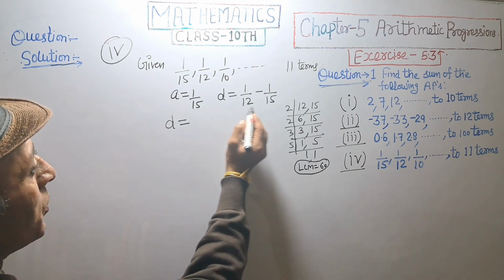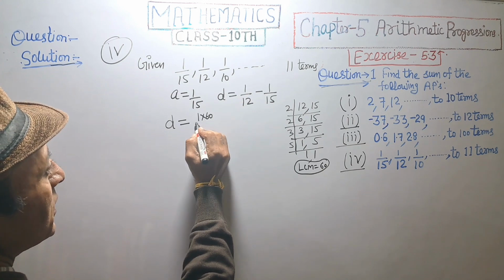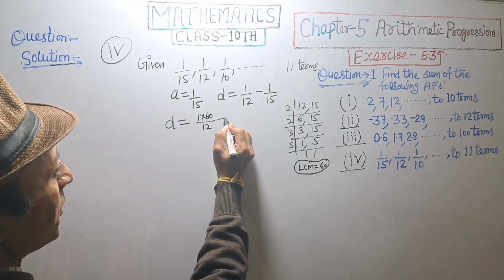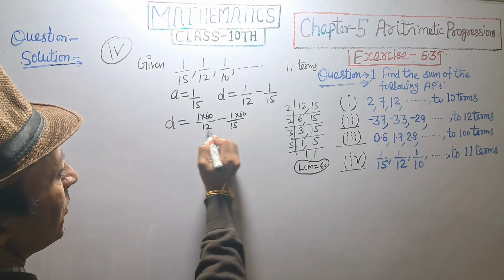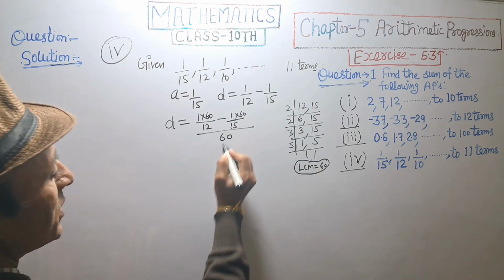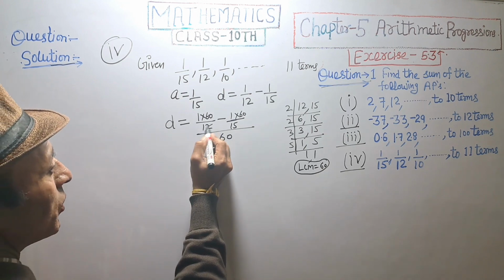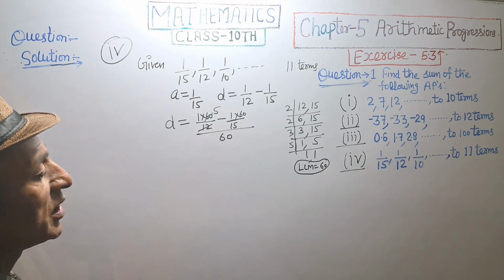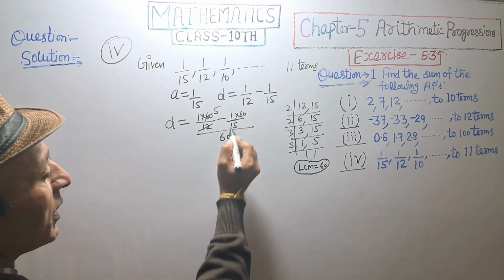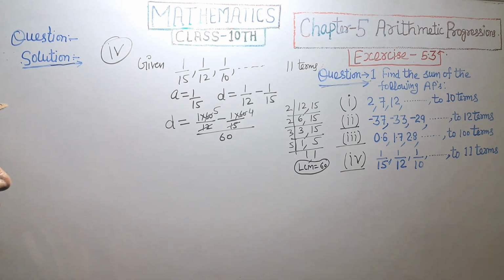D is equal to 1 into 60 divided by 12 minus 1 into 60 divided by 15, whole divided by 60. 12 5s are 60 and 15 4s are 60.